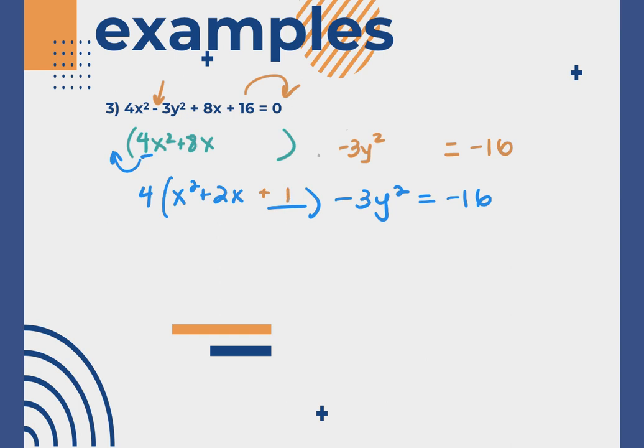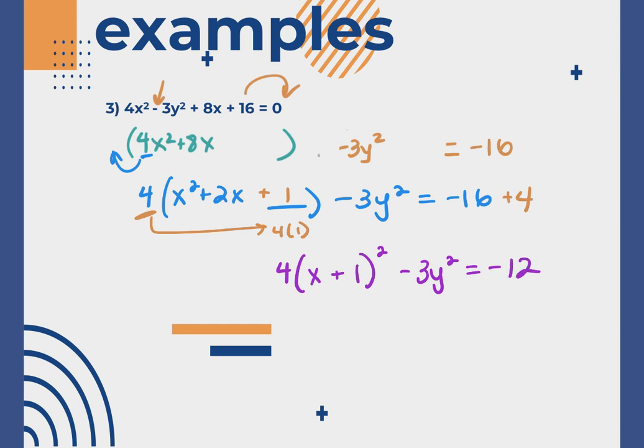I would normally add it to the negative 16, but before I do that, I have to multiply it by the 4, which means I'm adding 4. Still with me? Okay, 4's on the front. Square root the x squared, square root the 1, take the sign from the middle, put it in parentheses and square it. Minus 3y squared equals negative 12.